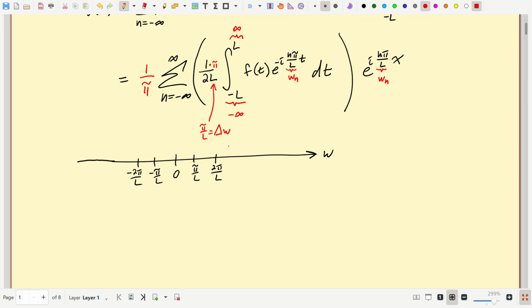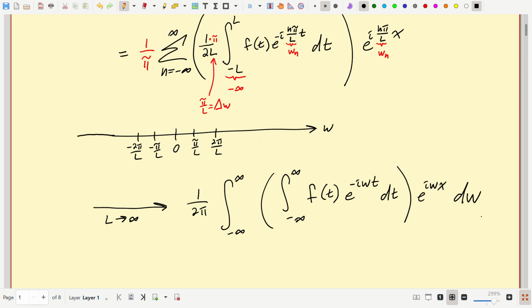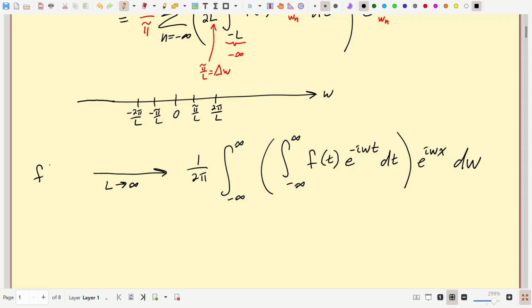If you stare at it a little while, you come to the conclusion that as you let L go to infinity, that tends to, there's a 2 that comes out, 1 over 2 pi times the integral from minus infinity to infinity of an integral from minus infinity to infinity of f of t e to the minus i w t dt times e to the i w x dw. So f of x is given by that integral.